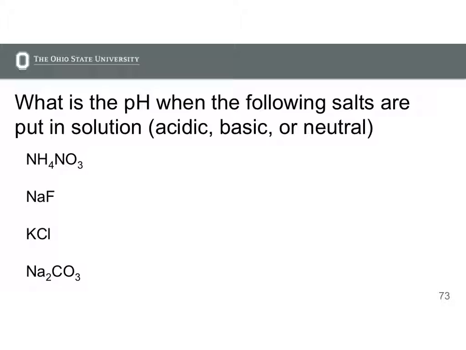I'm also going to make a video of this slide. What is the pH when the following salts are put in solution? Your approach should be to determine the ions and whether they can react with water. If they do react with water, figure out if they're going to make OH minus or H3O plus.